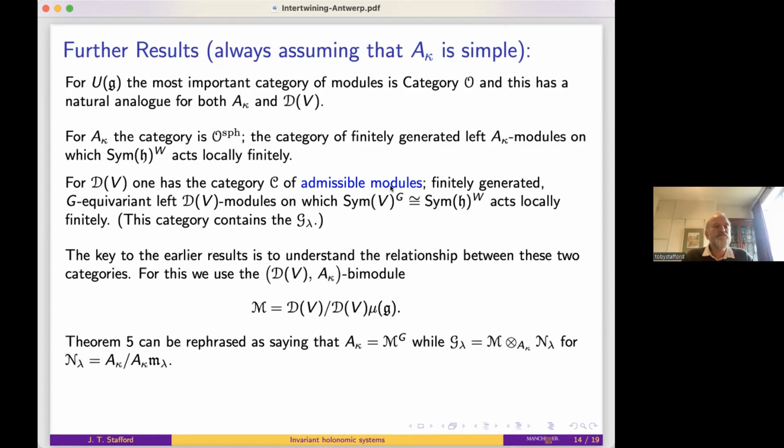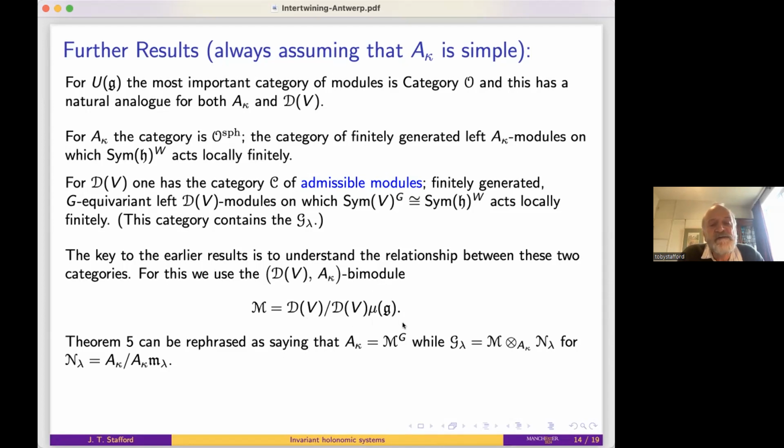And the way we want to prove the previous results, and the way in which we relate these two things, is that we think about this bimodule where we take D of V and we factor out the image of the Lie algebra. One of the first theorems I stated was talking about what was the image of the quantum Hamiltonian reduction and what was the kernel of that map.